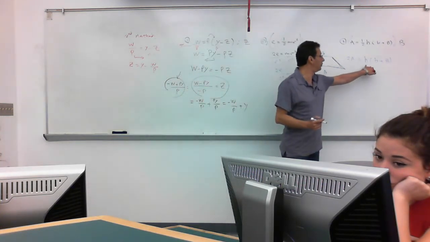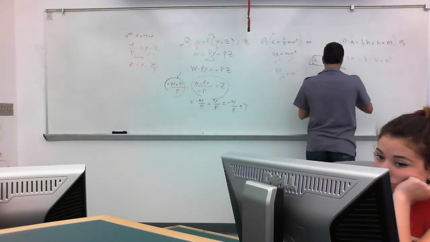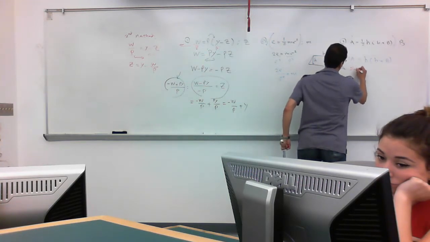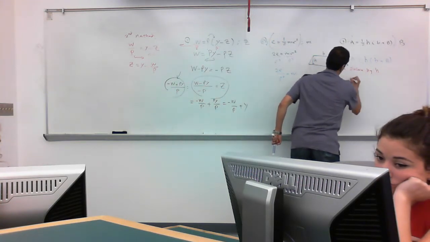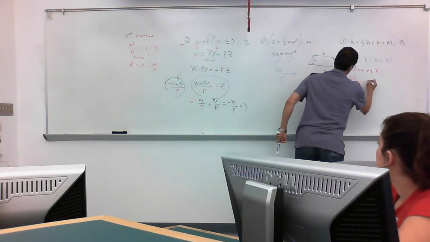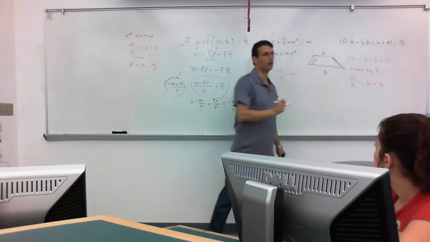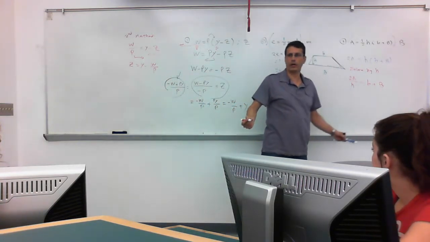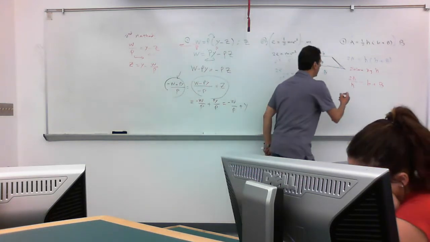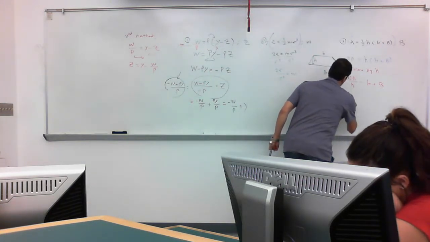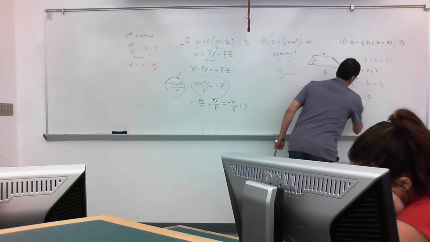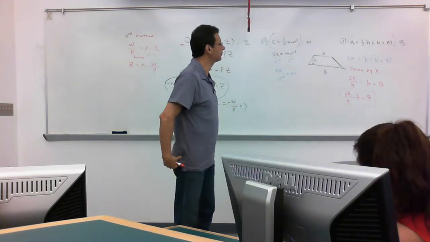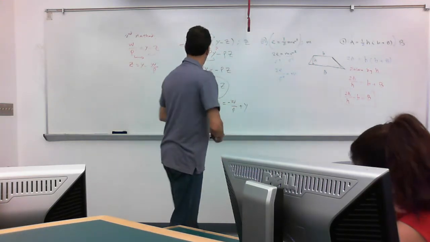So a fast way would be, if you divide by h, you get 2a over h is equal to lowercase b plus uppercase B, right? What are we solving for? Uppercase B, so just move the lowercase b, and you get 2a over h minus lowercase b is equal to uppercase B. Does that make sense?